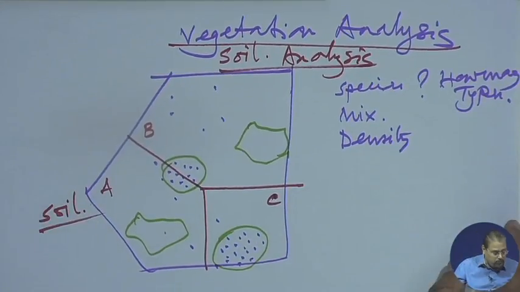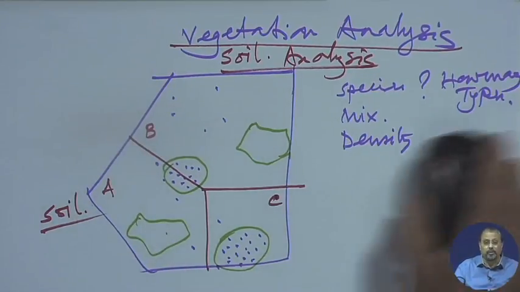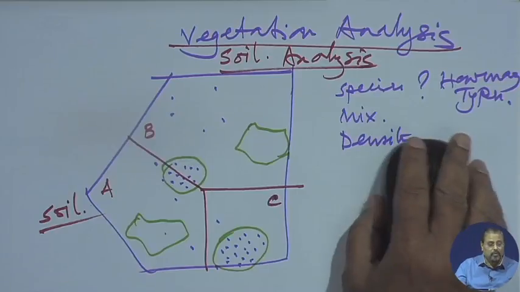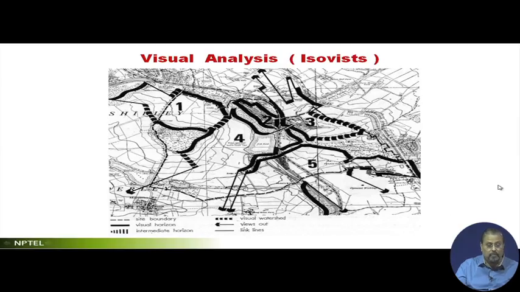Okay. After that, this is another representation of the vegetation, but I am coming to the end of it. A very important analysis which you have almost done during your reconnaissance is the visual analysis. Let me explain this drawing, look at it very carefully.